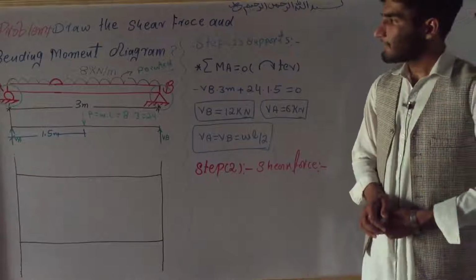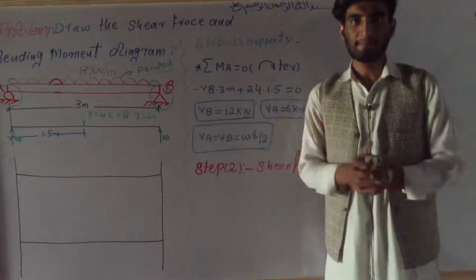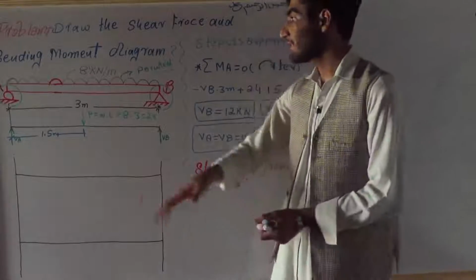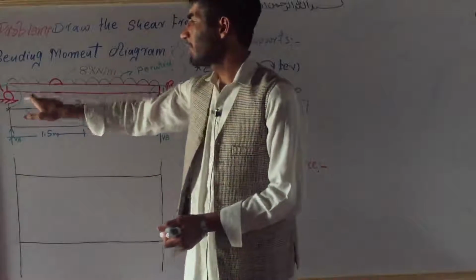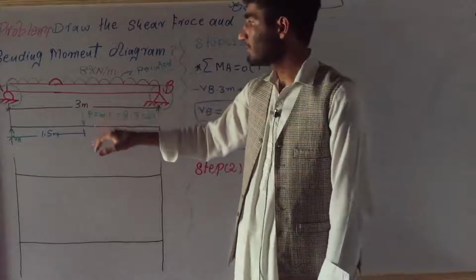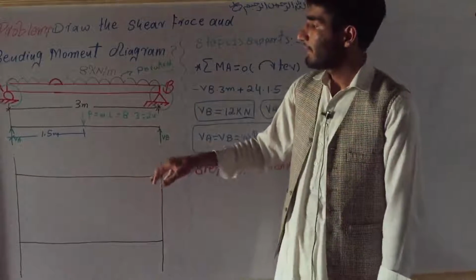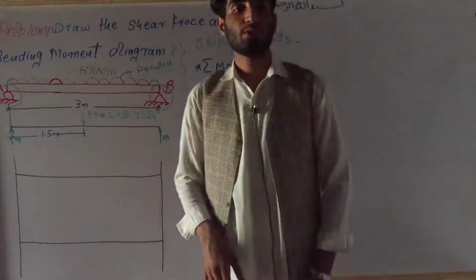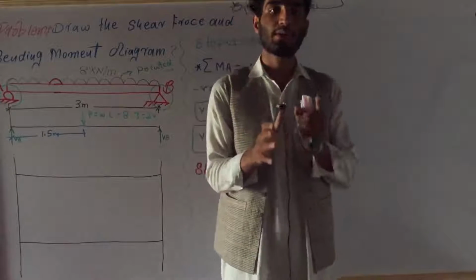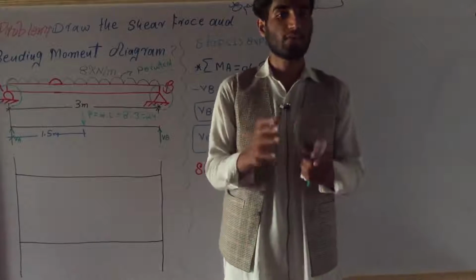It's easy, and we should take a section where we want to find the shear force. We should take sections in different parts of the beam when we have pointed loads and distributed loads at the same time.